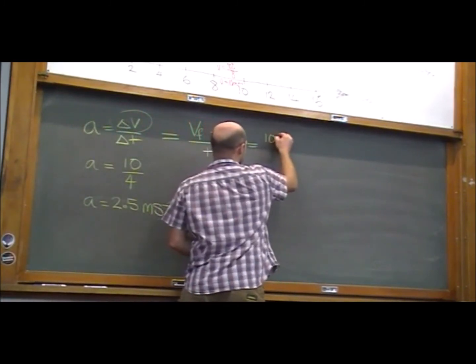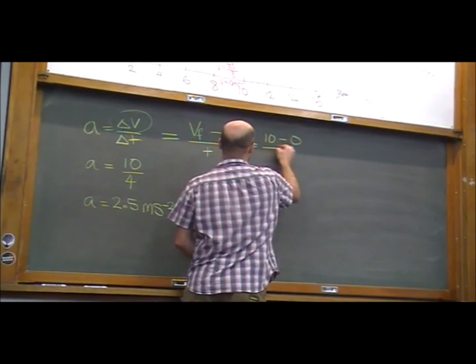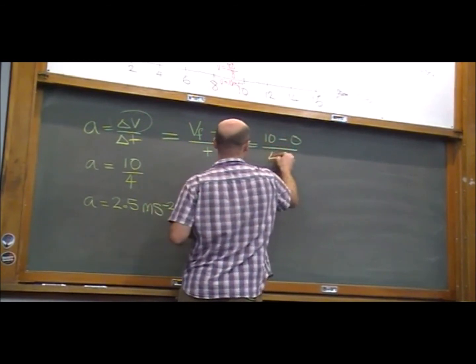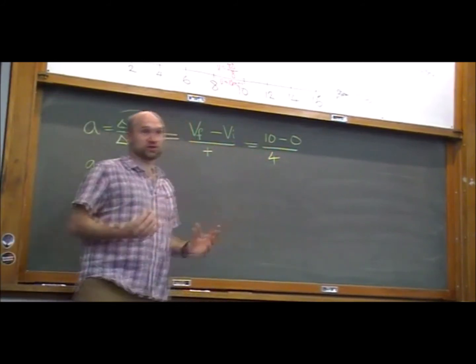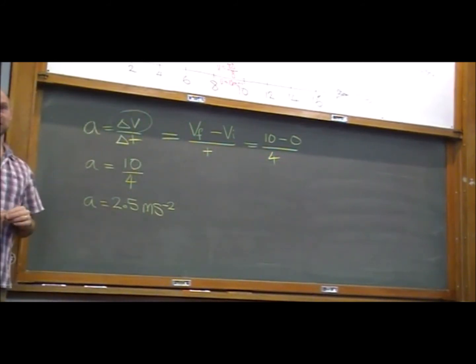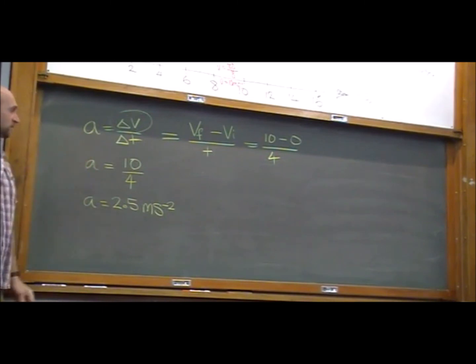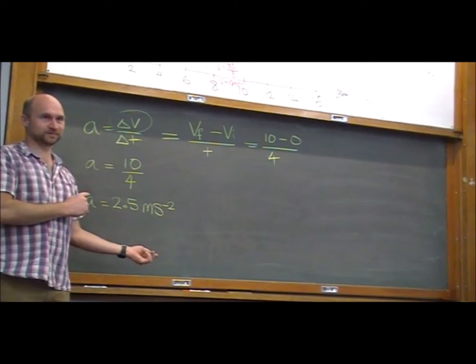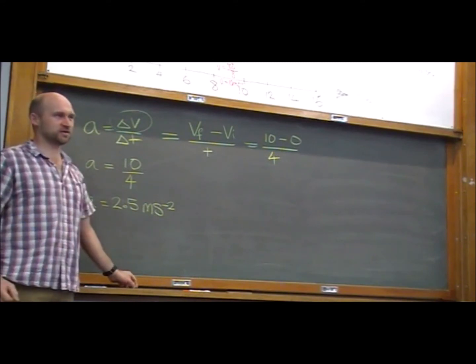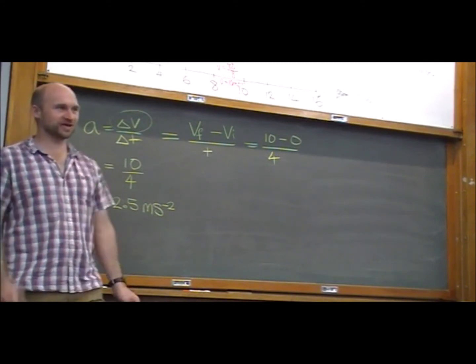So 10 minus 0 over 4. That might help if you're not sure what the change in velocity is. Questions about that? Okay, I think that's our new learning for the day.